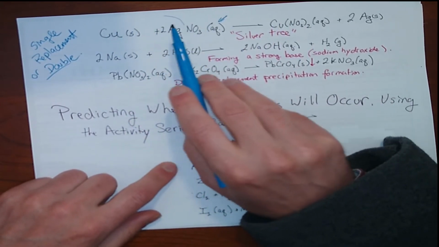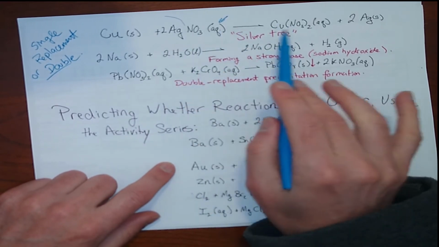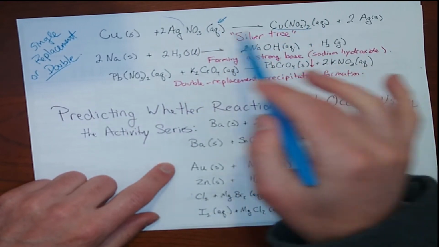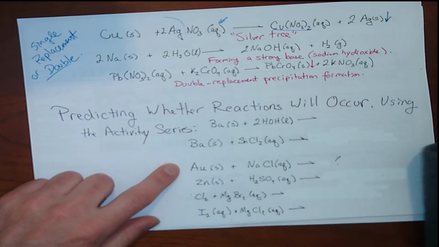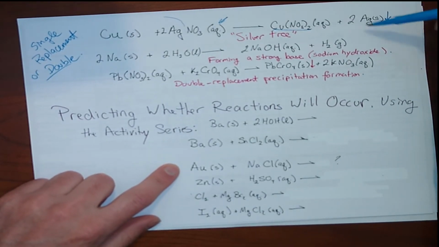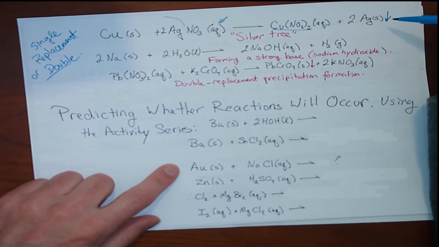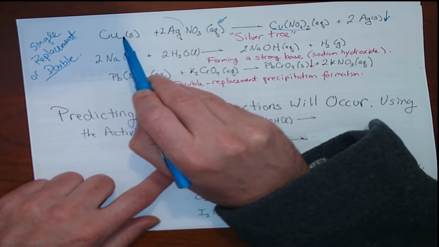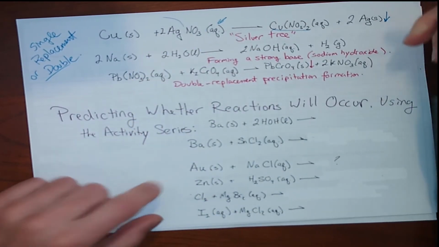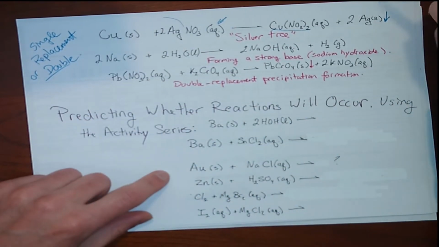The copper replaces the silver and you get copper nitrate in solution, and the silver comes out as a solid, so it actually precipitates. It forms little silver crystals on the copper item that you put into the solution, and you get these little crystals that grow all around the copper, and it looks kind of fuzzy.